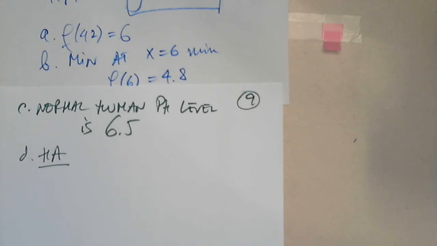So what is the horizontal asymptote? Y equals? Can anyone give us the horizontal asymptote?